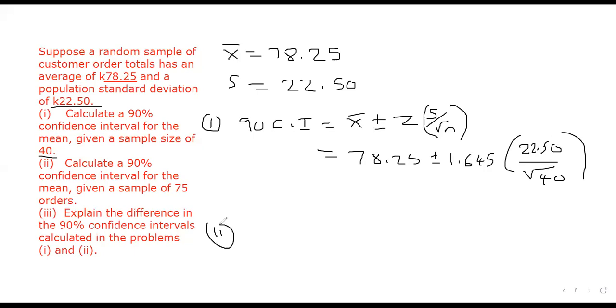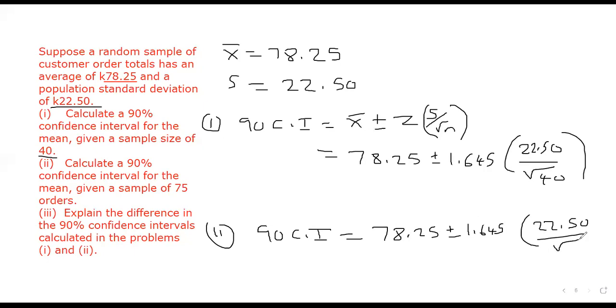And part two, find a what? 90% confidence interval. But the difference here is that our sample size now increases from 40 to what? To 75. So when we calculate our confidence interval, what are you getting? The ladies, you can do part A, the gents, you can do part B. Quickly, then we comment on the difference in the intervals.